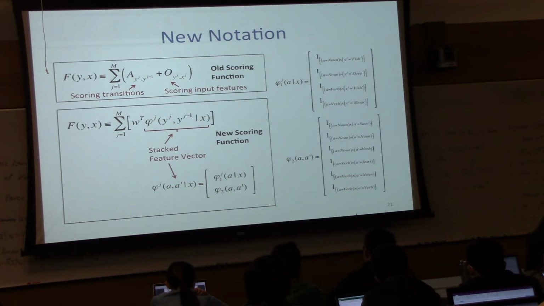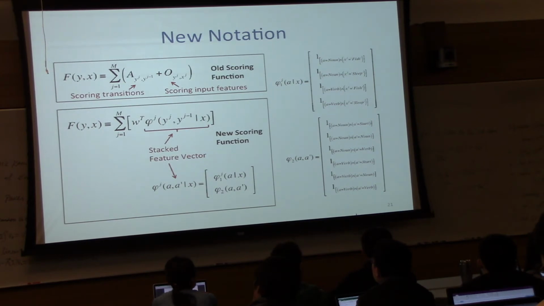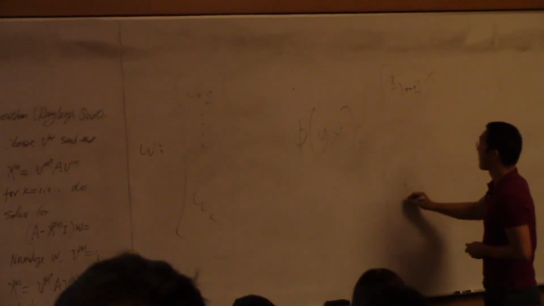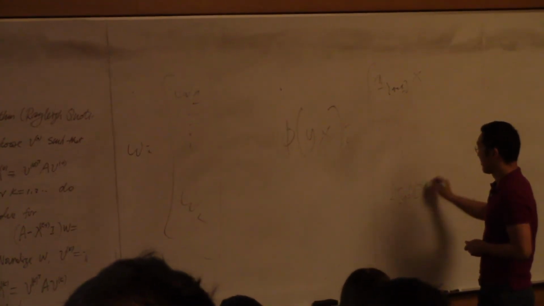For binary logistic regression, there's only one way. For multi-class logistic regression, you can write W as W1 through WL, and then write phi of y comma x as the indicator vector of y equals 1 times x, through the indicator of y equals L times x.